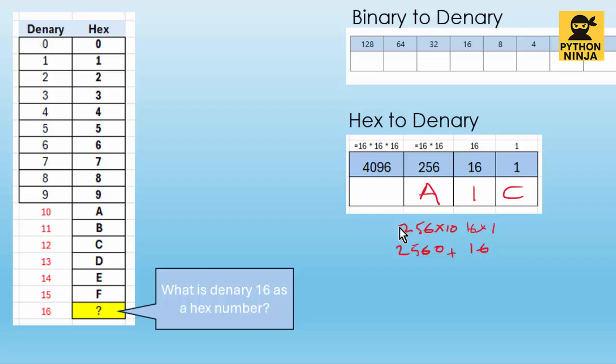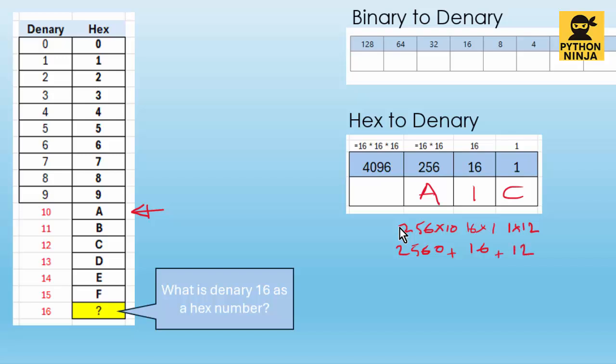Well, remember, we know that 10 is A. Lock that into your brain. So if A is 10, then we know that C must be 12. So we take the column heading and multiply it by C. So 1 times 12 is of course 12.